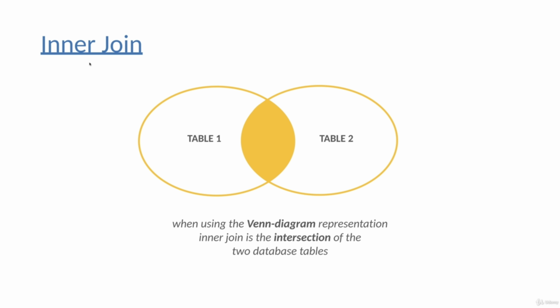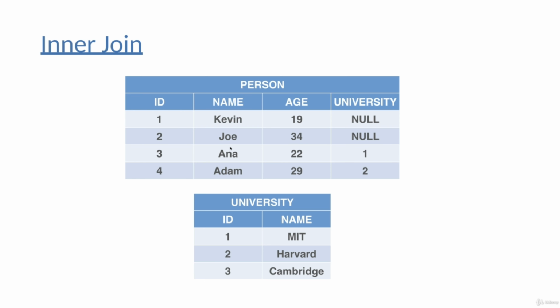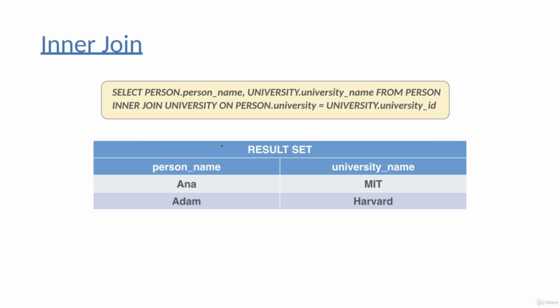And inner join is going to return values within the intersection. So basically it returns a valid name and a valid university. If there is a university without a given person attending that given university, then the university is not going to be returned. If there is a valid name without a valid university, then that given person is not going to be part of the result set.